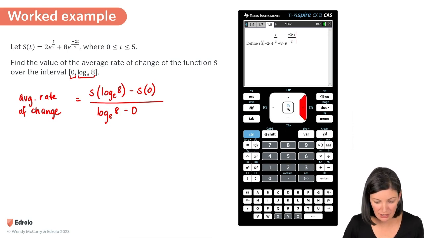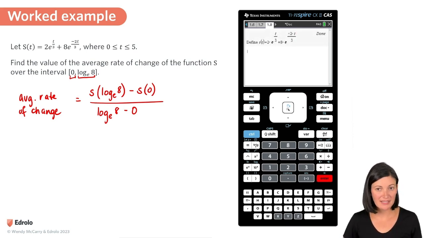We'll double check that it's exactly as it's been given in the question. Pressing enter there, once it says done, I know that the calculator has stored that function.